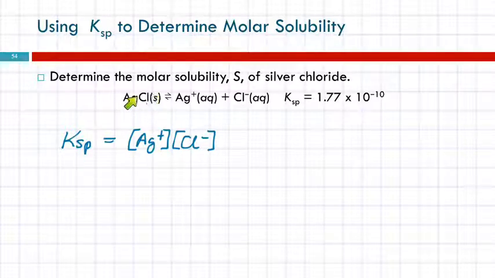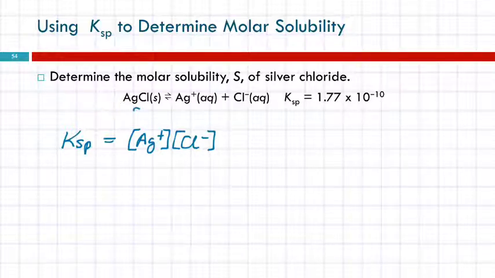So if 1 mole of this dissolves in a liter, then the concentration of silver ion would be 1 mole per liter. And the concentration of chloride ion would be 1 mole per liter. Does that make sense? The number of moles per liter is the S. No, it's not 2.